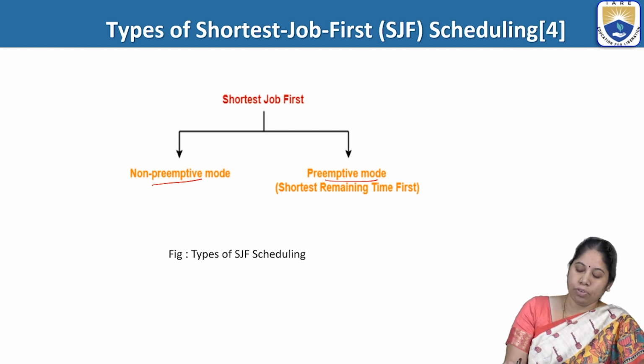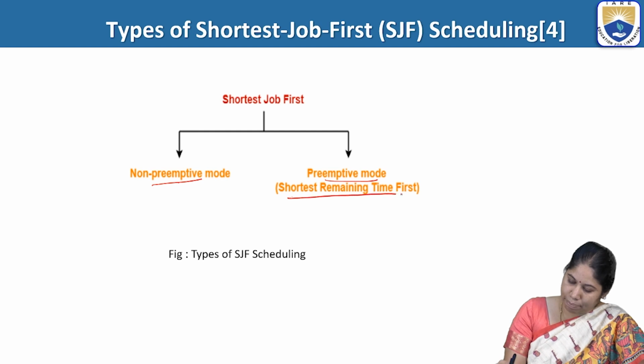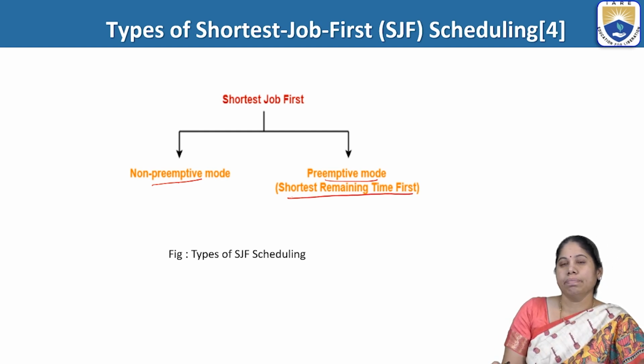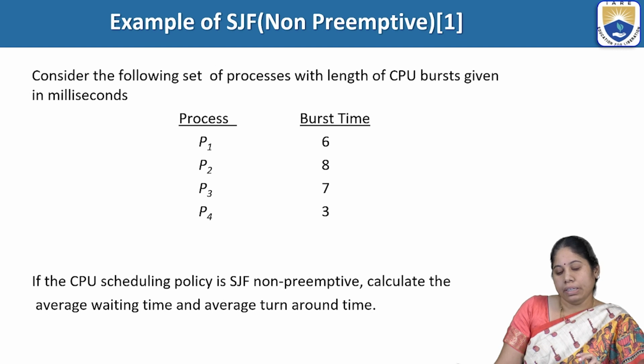And in preemptive mode, this same shortest job first algorithm is also called shortest remaining time first. Right? So let us see the different problems we will solve with the help of the SJF algorithm.